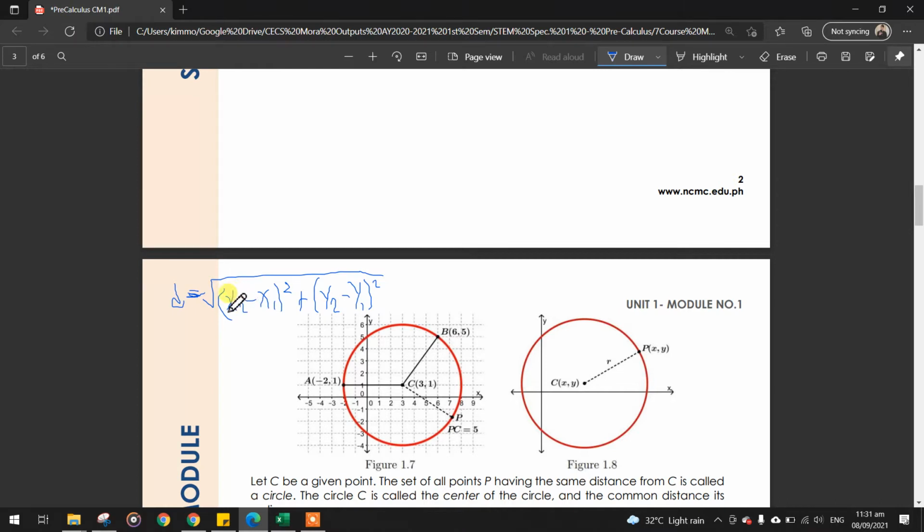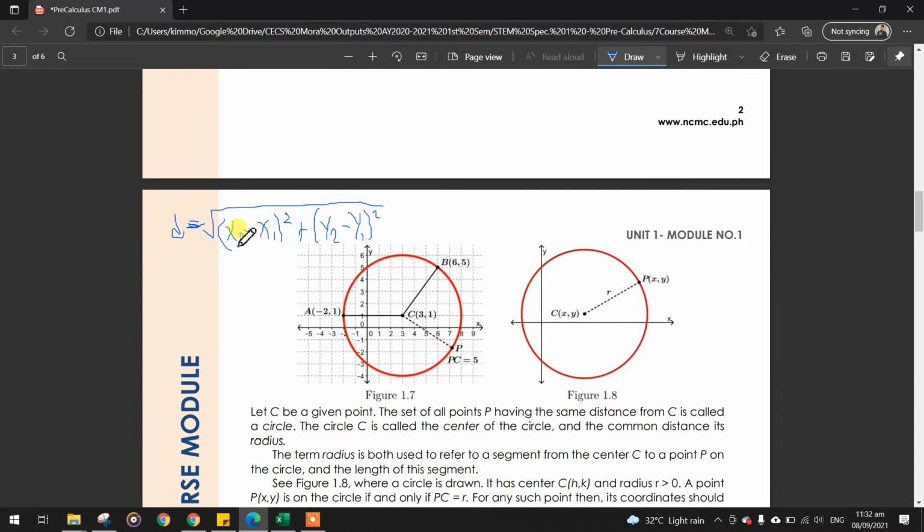So sir, what are x sub 2, x sub 1, y sub 2, y sub 1? To find the distance between two points, of course you must be given two points. What we are looking for is the distance from B to C, so our points are 6, 5 and 3, 1.